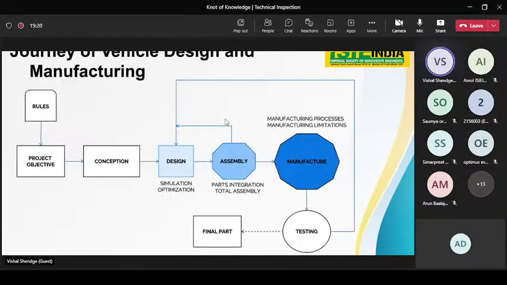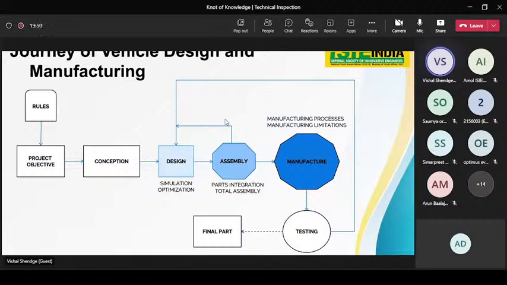So, what is the journey of our vehicle design and manufacturing? First, the rules are given by ISIEINDIA. These rules we have to rectify, and along with that we have to find our project objective, then conception of the project, then design.